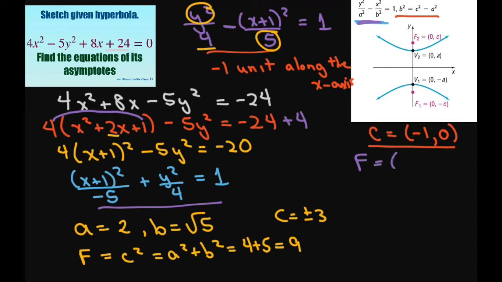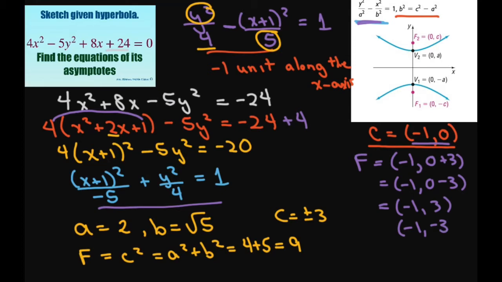So what you do is you write this translation here. So I just copied down my center, and then we're going to have 0 plus 3. And then we also have negative 1, 0 minus 3. That's going to give me negative 1, 3, and negative 1, negative 3.